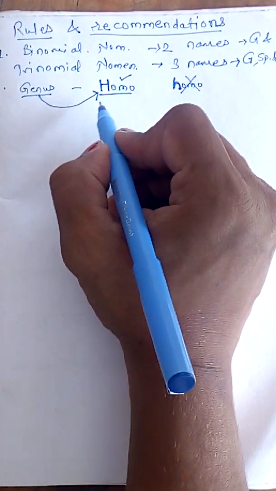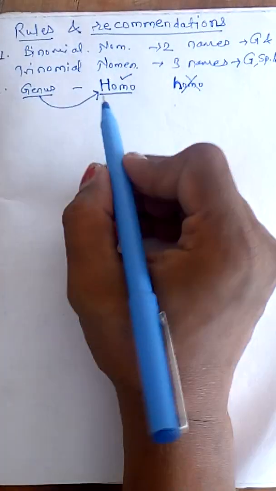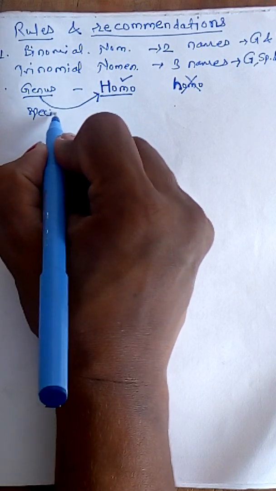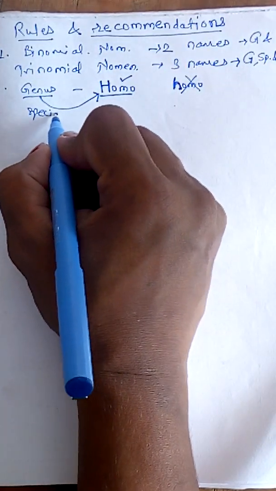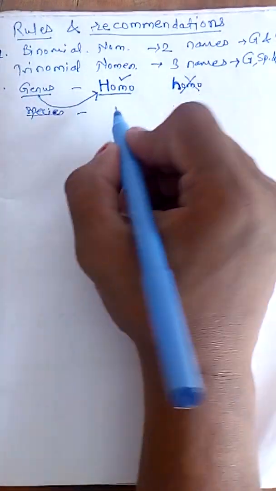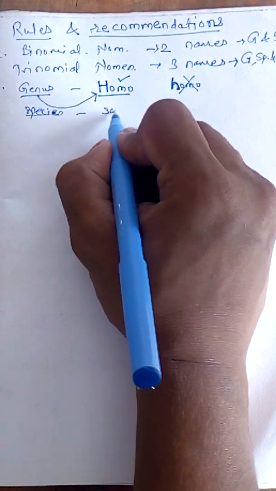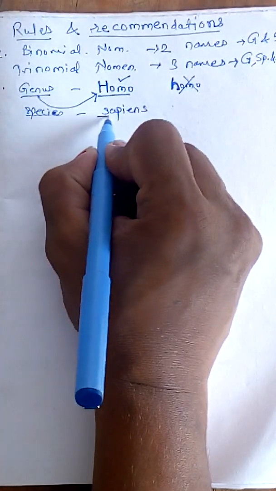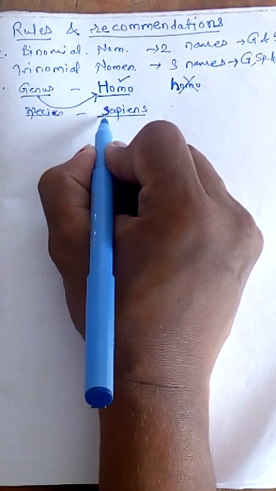So the generic name always begins with a capital letter, and the species name, or what we call the specific name, must start with a small letter. Sapiens, so the s is a small s.